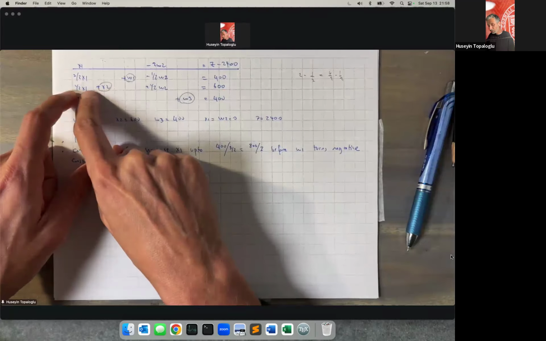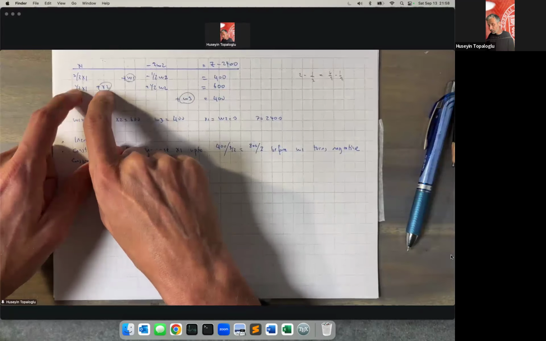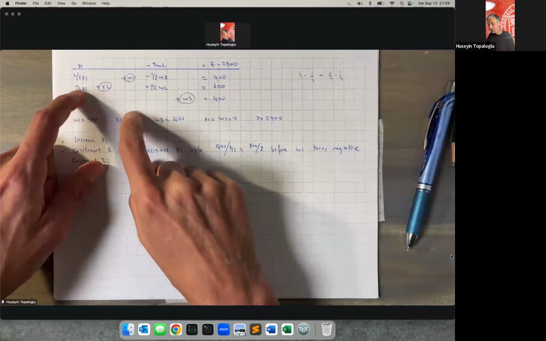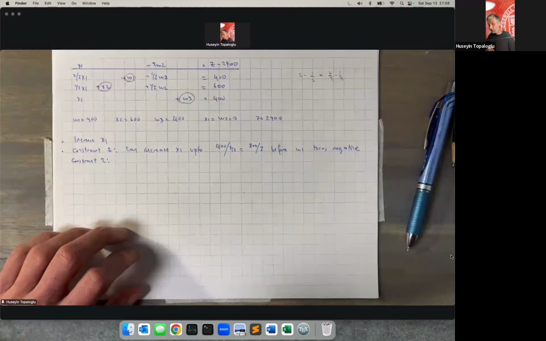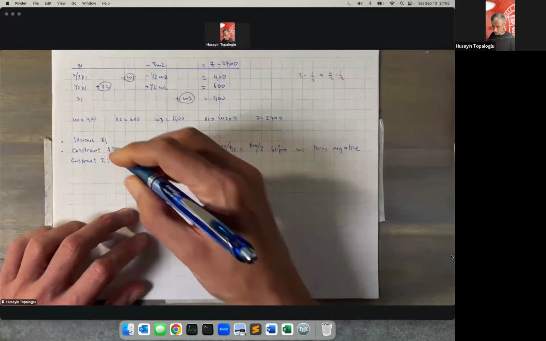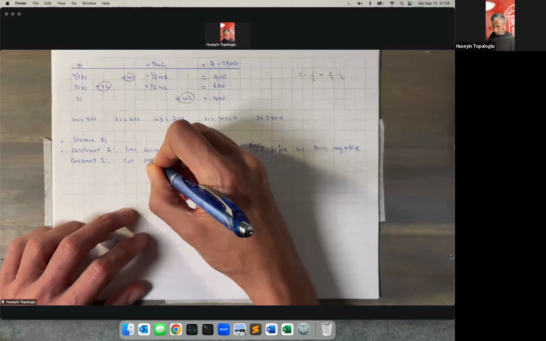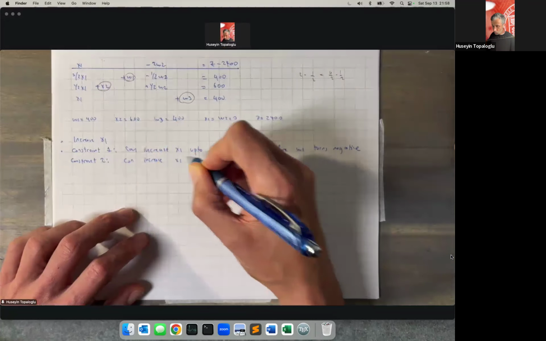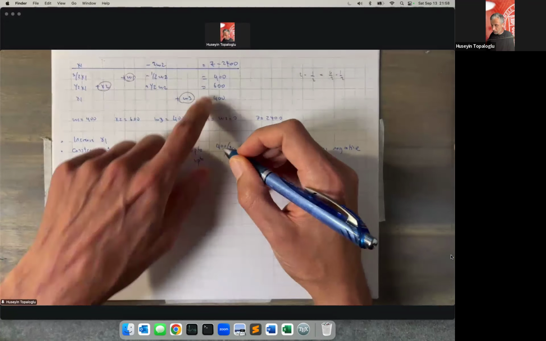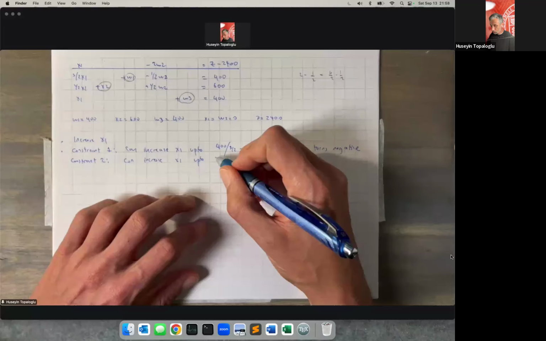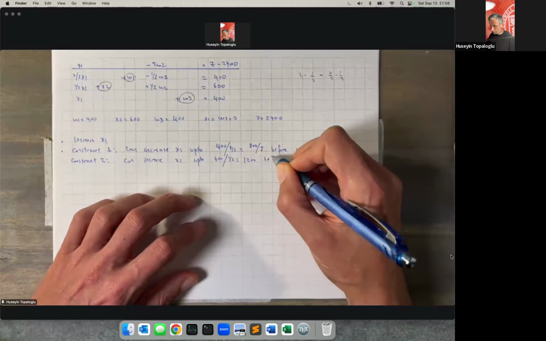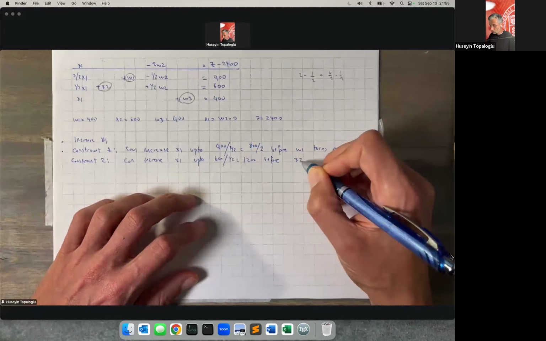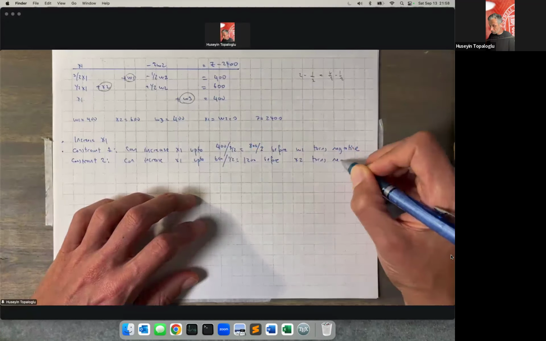If I increase x1 all the way to 1200, then this is 600, x2 has to be 0, so that they add up to 600. So the largest x1 can go to before x2 turns negative is 1200. So from the second constraint, we can increase x1 up to, let's again write it as 600 divided by 1 over 2, which is 1200, before x2 turns negative.